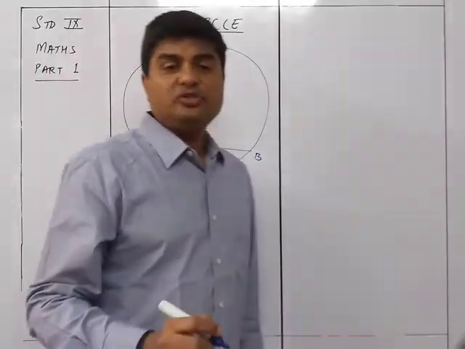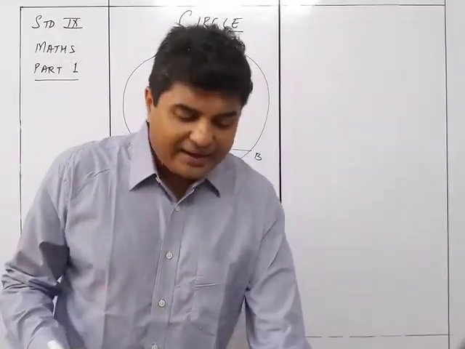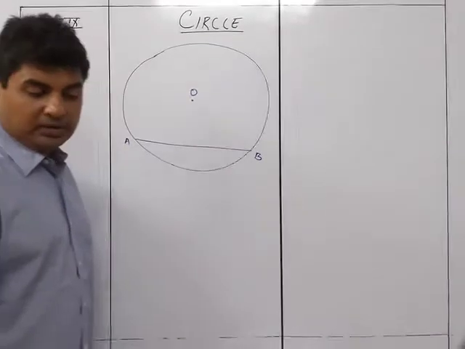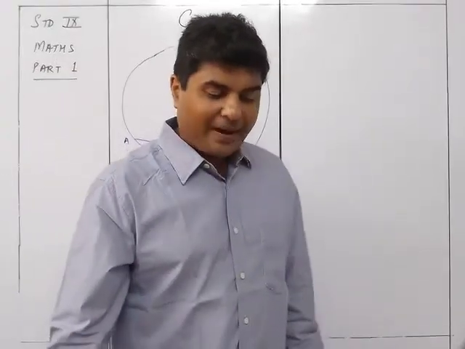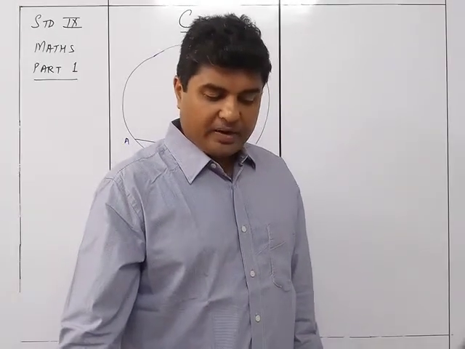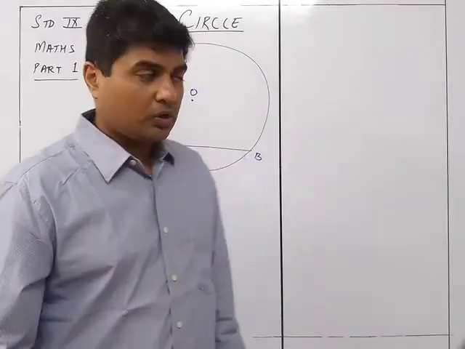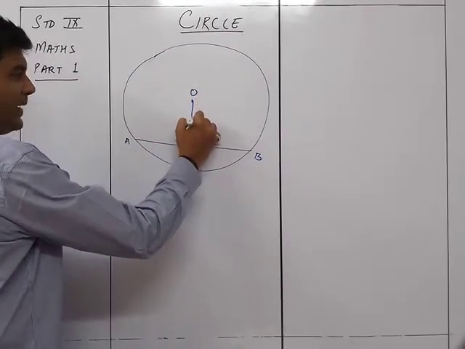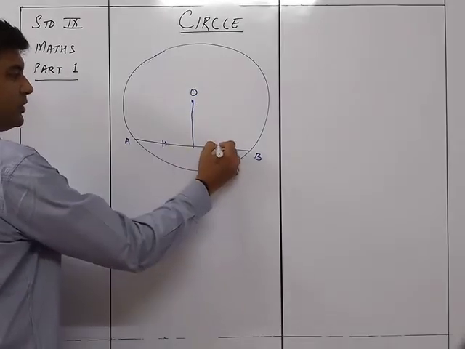Now the theorem states that the straight line drawn from the center of the circle to bisect the chord, which is not a diameter, is perpendicular to the chord. So if I draw a straight line from here such that it bisects the chord, that means this part is equal to this part.